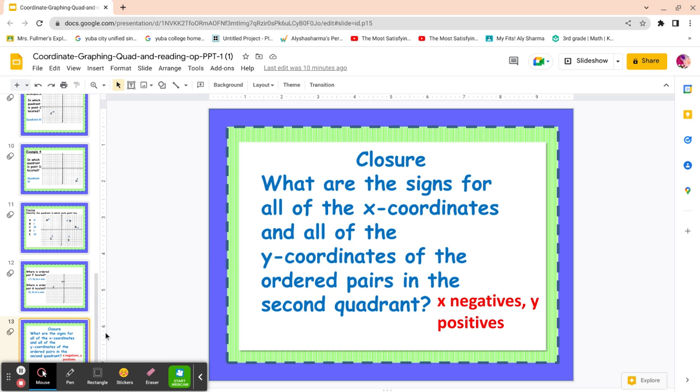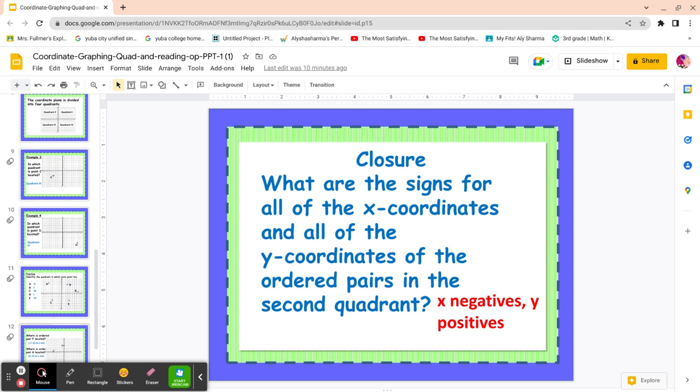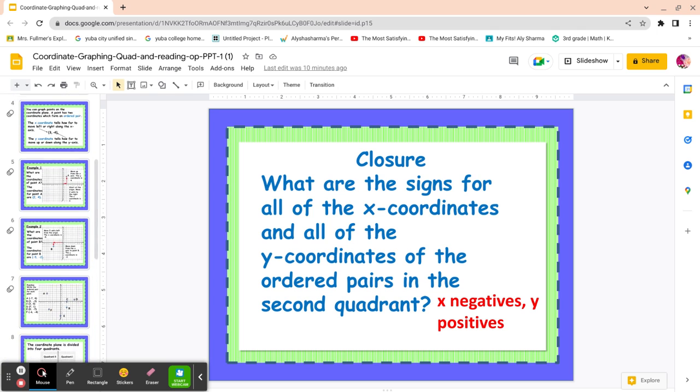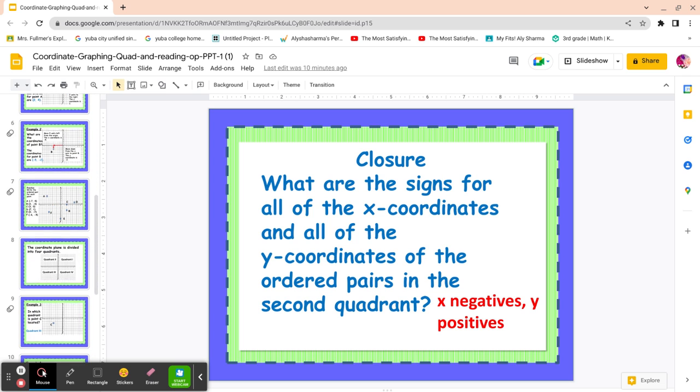Closure: what are the signs for all of the x-coordinates and all of the y-coordinates of the ordered pairs in the second quadrant? So let's see, where is the second quadrant? Let's see. Do I still have this one? Okay, I do, but I can't find it.